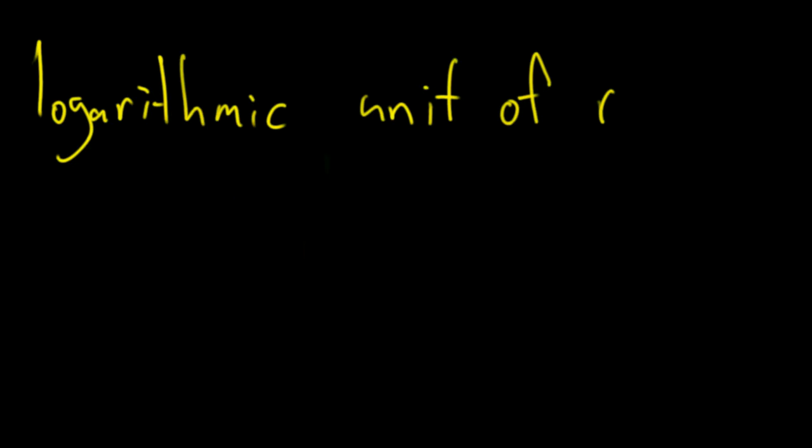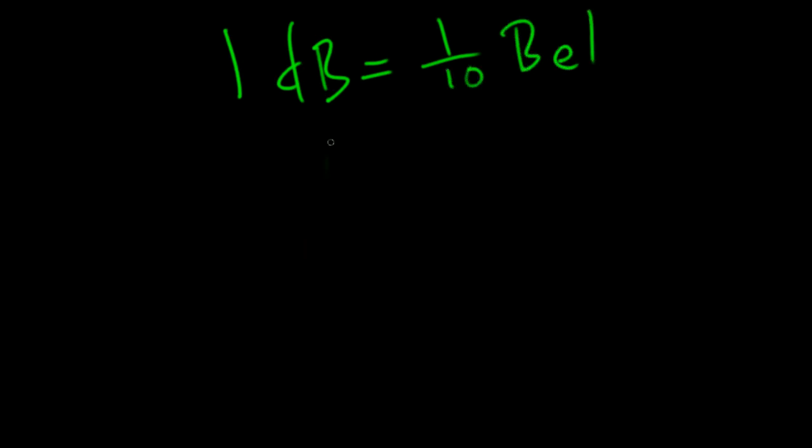Let's forget all that. I'm going to tell you the two fundamental things about decibels that you need to know to understand them. The first is that 1 decibel is 1/10 of a bell. In other words, 10 decibels, or 10 dB, equal 1 bell. Now the other thing you need to know is what a bell is.